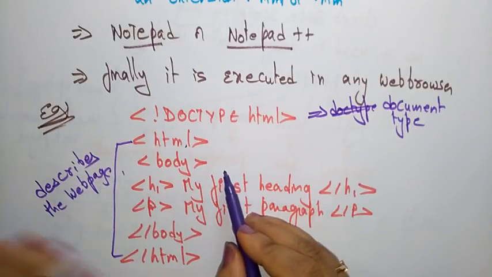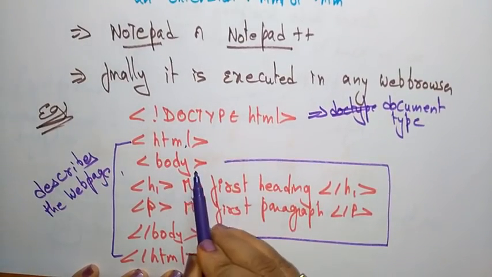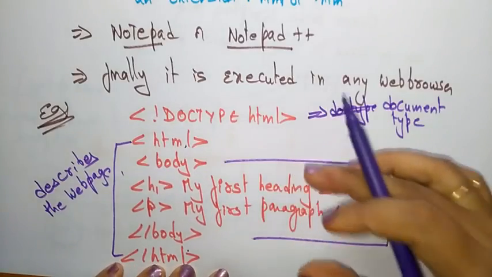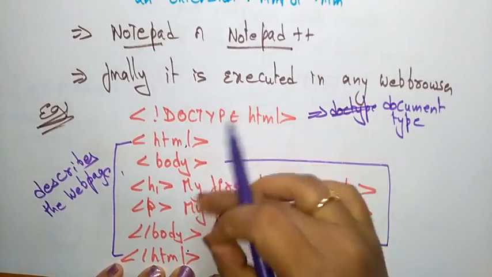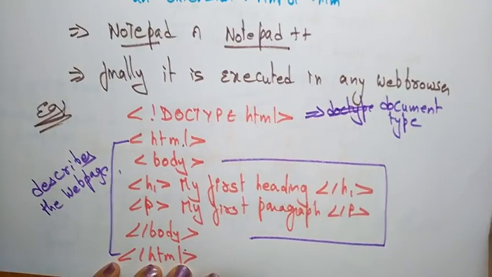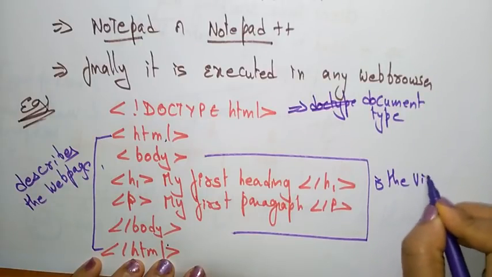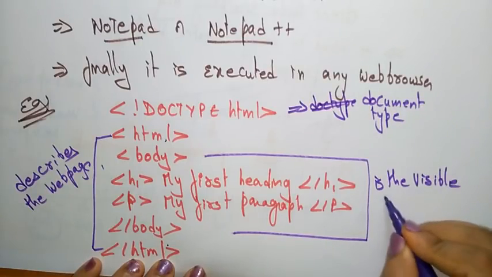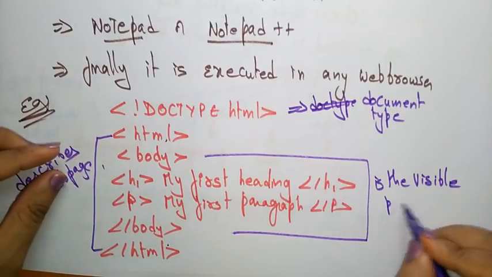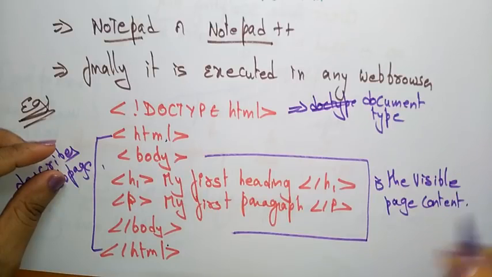Then what about the body? The text between the body starting tag and ending tag is the visible page content. You can see this information on the screen.